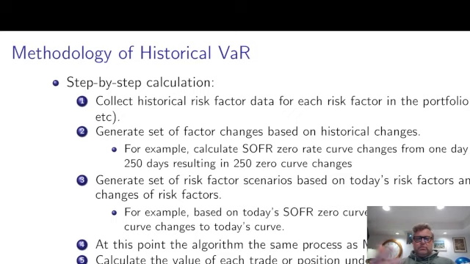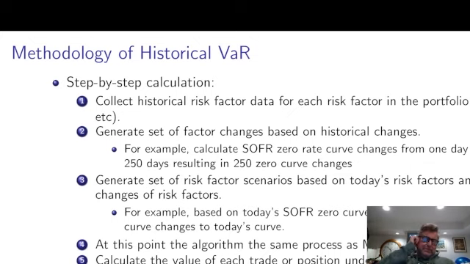Let's say there's a SOFR curve, and you take the last 1 year of SOFR curves, and then based on these SOFR curves, you generate a set of factor changes. So you calculate every day how much does my curve or my risk factor change, and you note this and you save it in some array that you have for all the different factor changes.